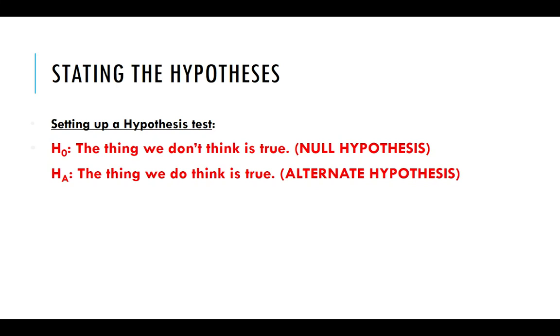Now, when we subject this hypothesis test to an actual statistical test, I only have two options. When I'm done, I have to say that either I reject the null, or we might call that H naught, we reject the null, or we fail to reject the null. Those are the only two options.